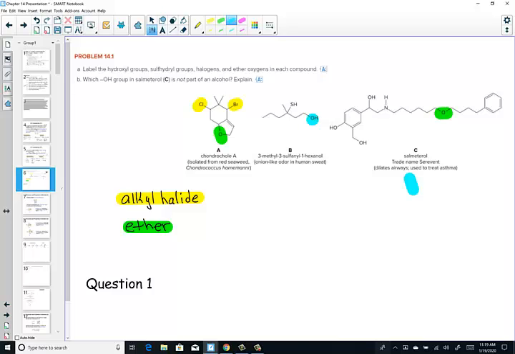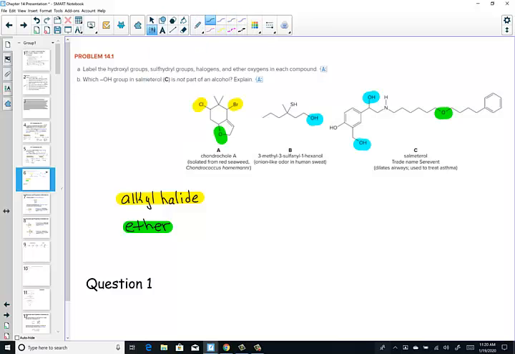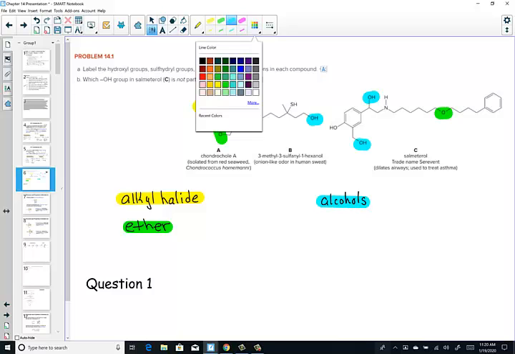Well, notice here I have an OH, I have an OH, and I have an OH. Now I'm going to make a comment when I highlight this. I know that I'm doing OH, so those are alcohols. And to highlight that, we colored them blue. Now I'm going to pick a color.